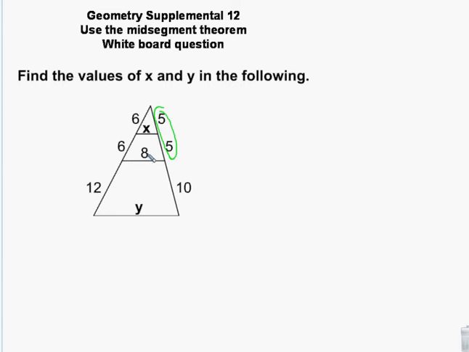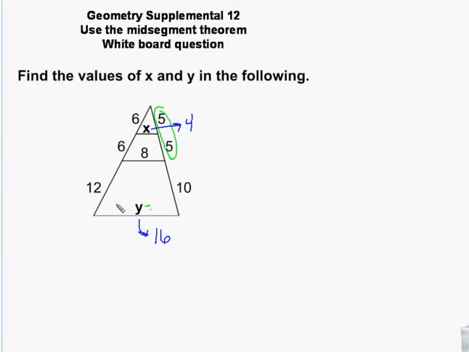So if 8 is a midsegment to the whole big triangle, that makes Y 16. Because Y will be twice this midsegment. And then X is the midsegment to the small triangle, which would make that half of 8, because 8 is the bottom of the small triangle. So that would make X 4.